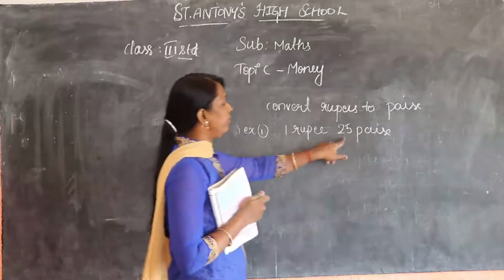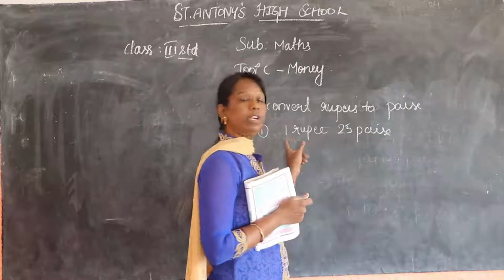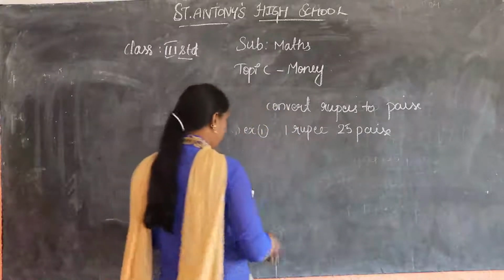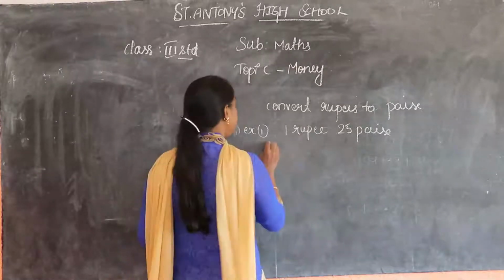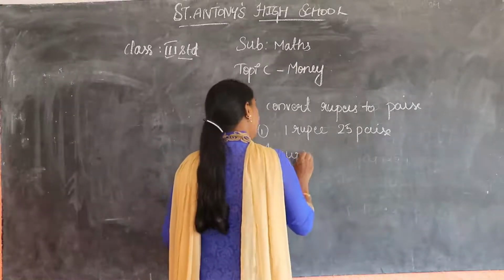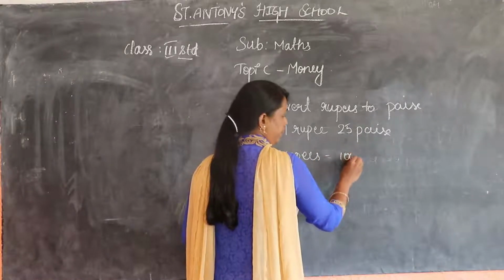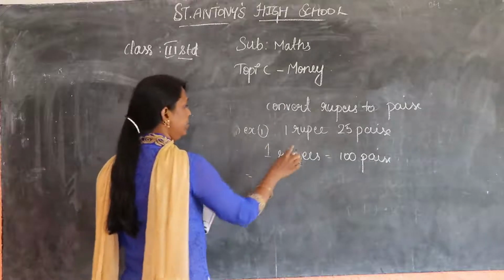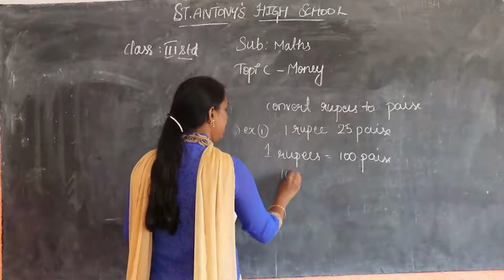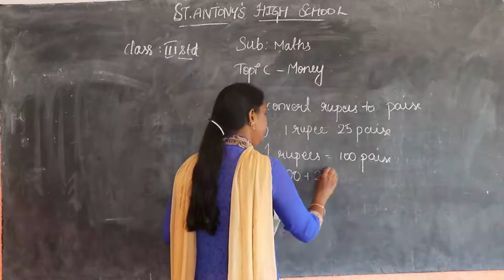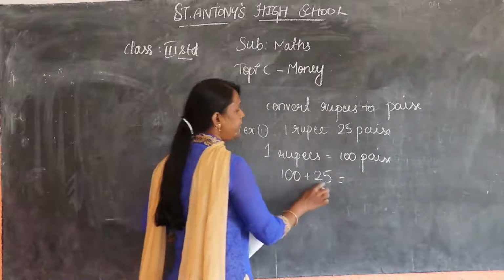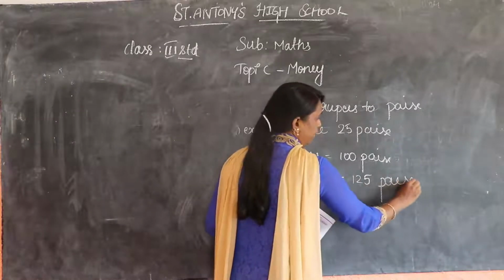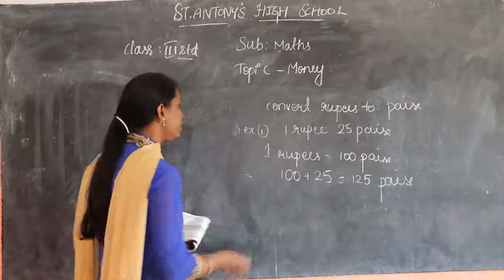So here 25 paise is already in paise, but we have to convert this 1 rupee into paise. Children, we know that 1 rupee is equal to how much? 100 paise. So 1 rupee is equal to 100 paise. When we add 100 to 25, it becomes 125 paise. So like that we have to convert the rupees into paise.